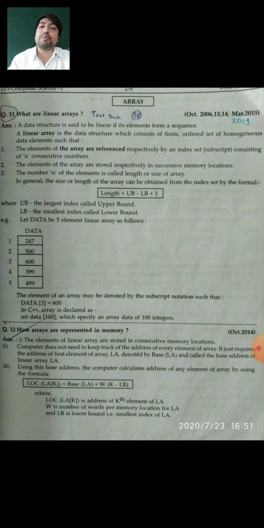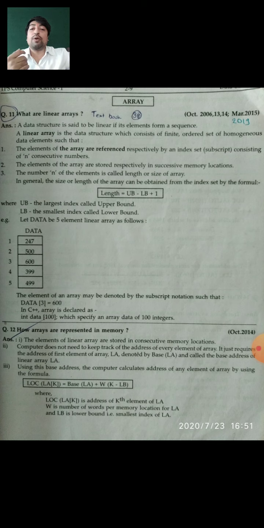In yesterday's video, we already learned what an array and a linear array are, and we explained that concept in detail in an easy way that you can understand very easily. In today's video, we will learn about the representation of an array in memory, and also see an example that can be asked in the exam.